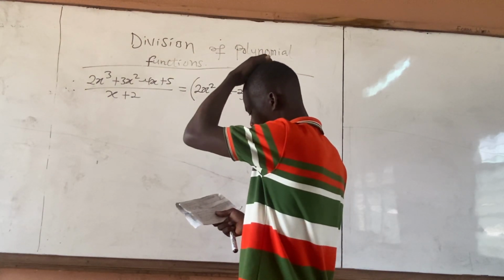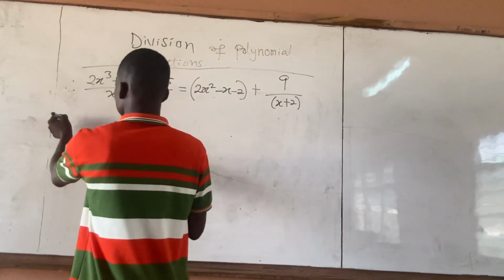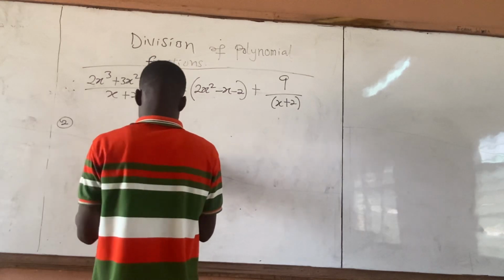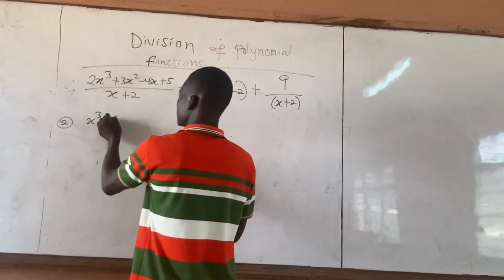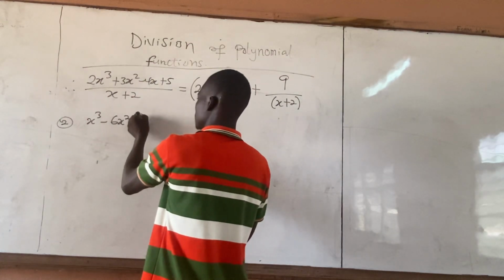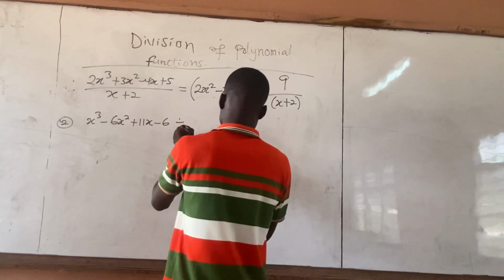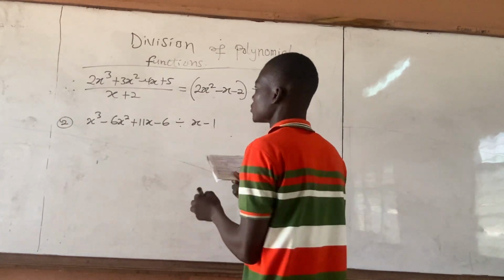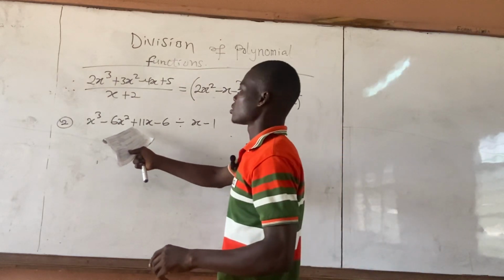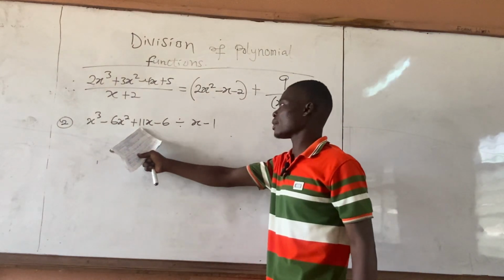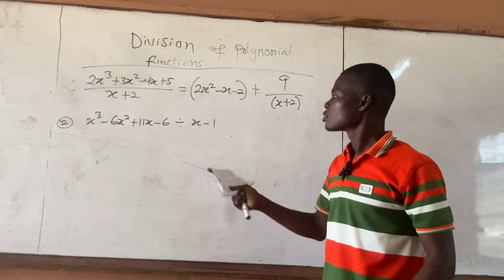Now let's solve example 2. Example 2, we have to divide s cubed minus 6s squared plus 11s minus 6 divided by x minus 1.